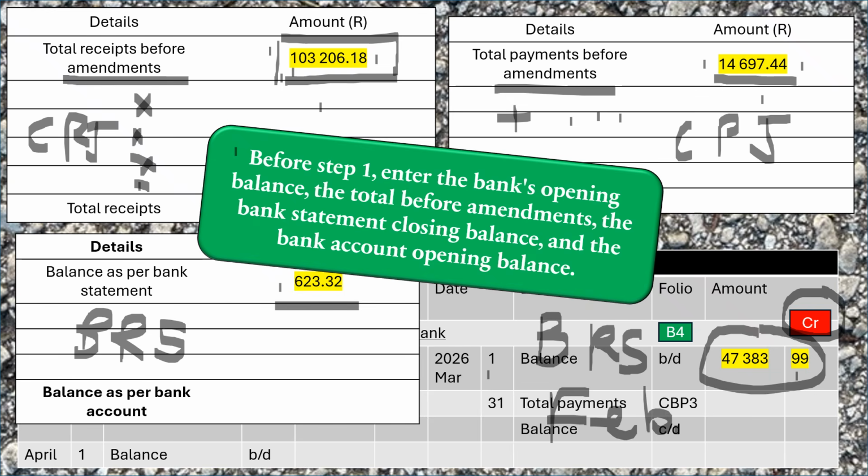So the first thing you need to do is to put in, I'm going to call it opening balances on your answer template. So the opening balances before you start the reconciliation process.